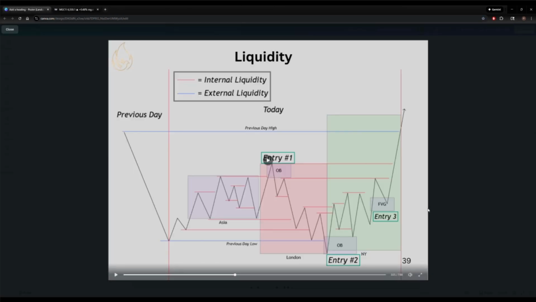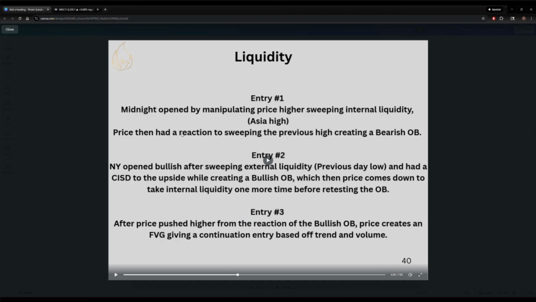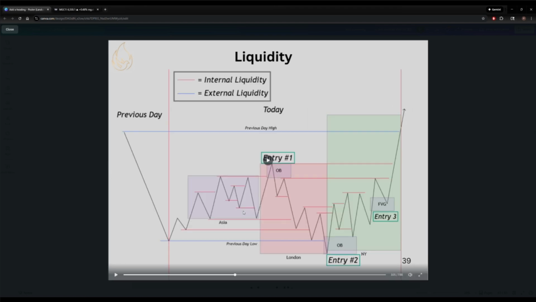Price had a reaction to sweeping the previous high, creating a bearish order block. We retraced into it, tapped into the order block and then dumped. That's the formation. The ideal entry would have been here, the retest of the order block after the initial reaction.